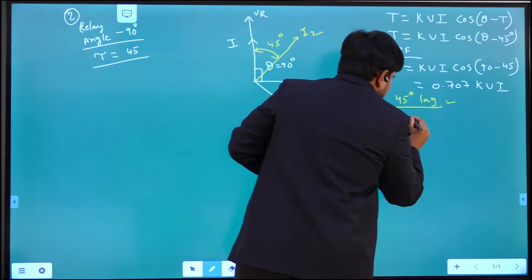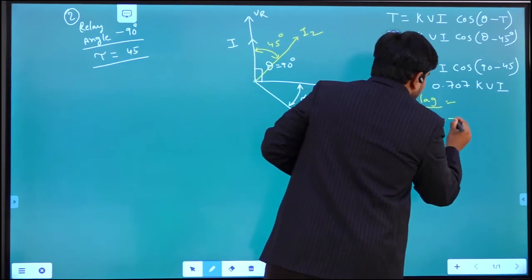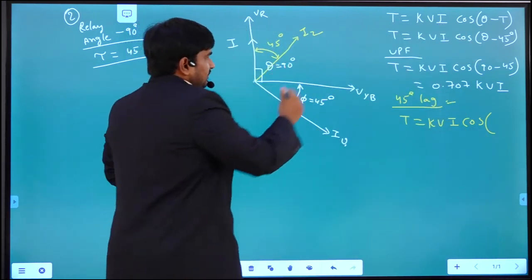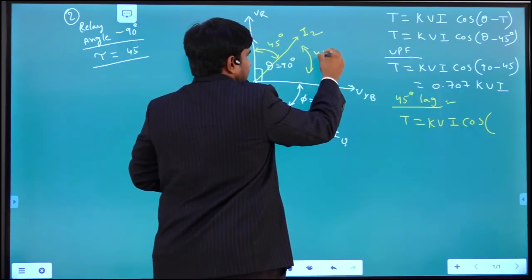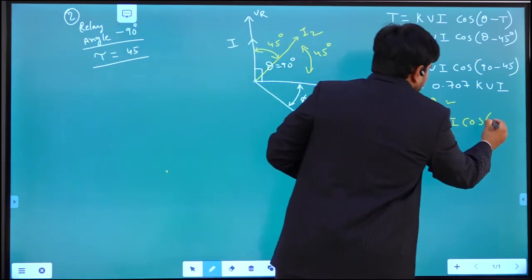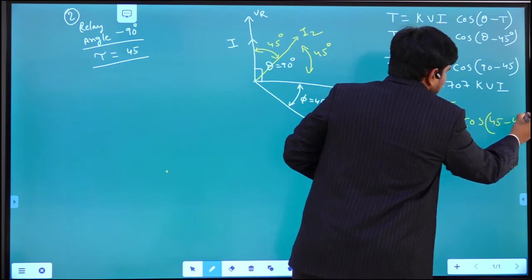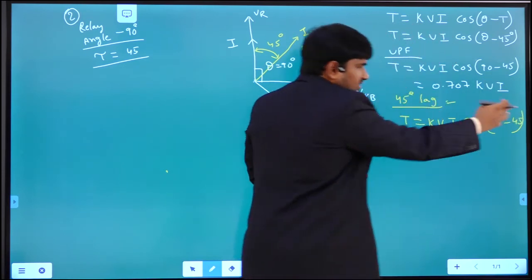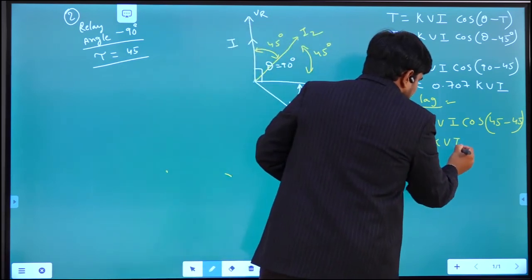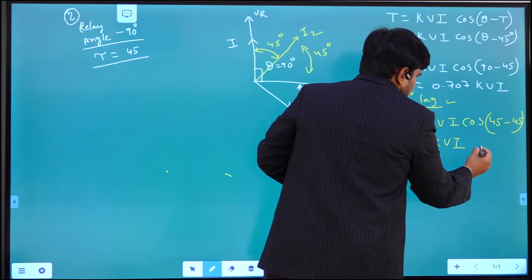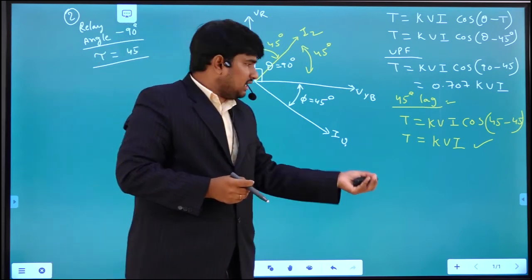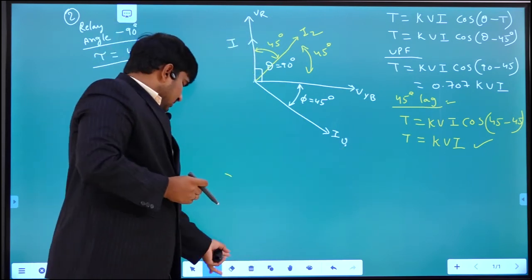So T is equal to K into VI times cos of theta. Don't confuse. Theta is equal to 45 degrees minus 45, as we already have. So cos of 0, which is 1, K into VI. The torque value is equal to maximum during the 45 degrees lagging condition.